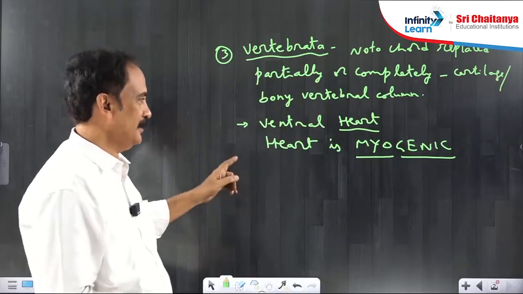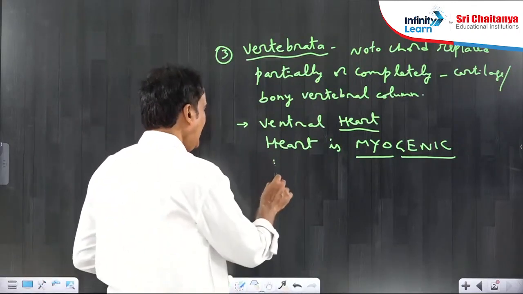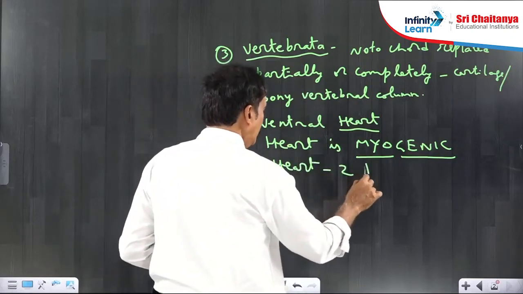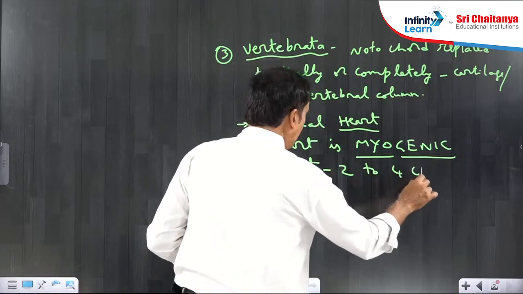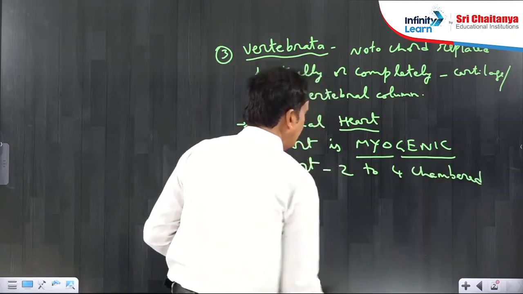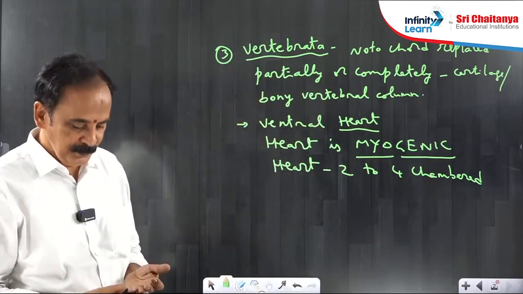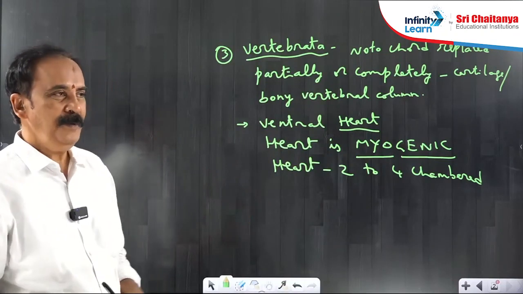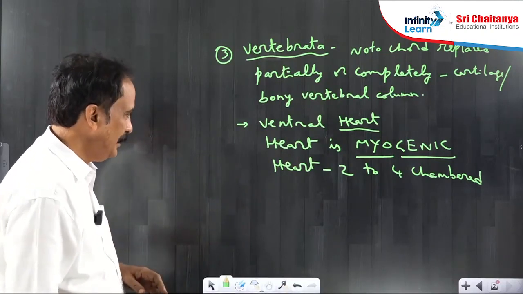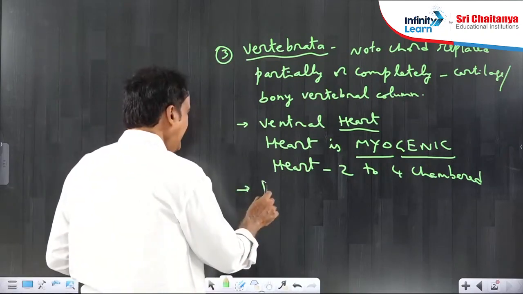But in chordates it is a myogenic heart, and the heart may be 2 chambered, 3 chambered, or 4 chambered. We have a muscular pumping organ called the heart pumping the blood, that may have 2 to 4 chambers, lying on the ventral side, and it is the myogenic heart. And vertebrates have paired appendages.